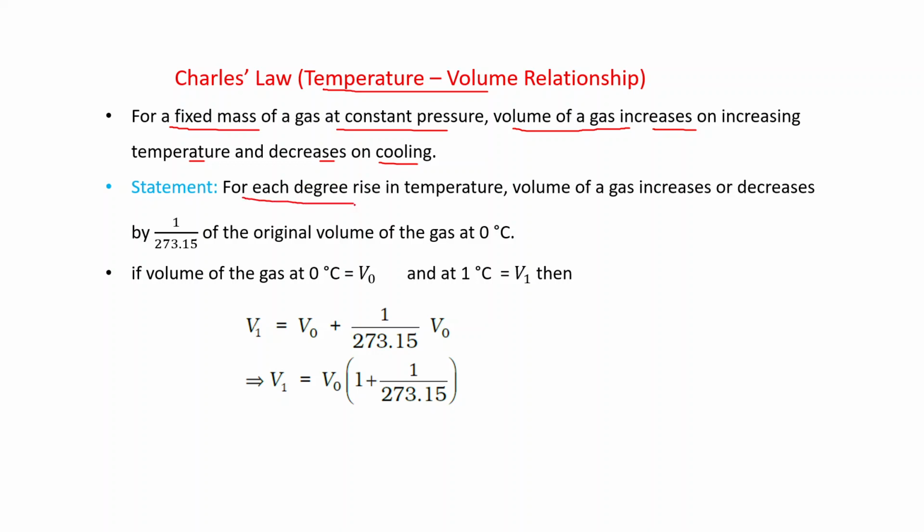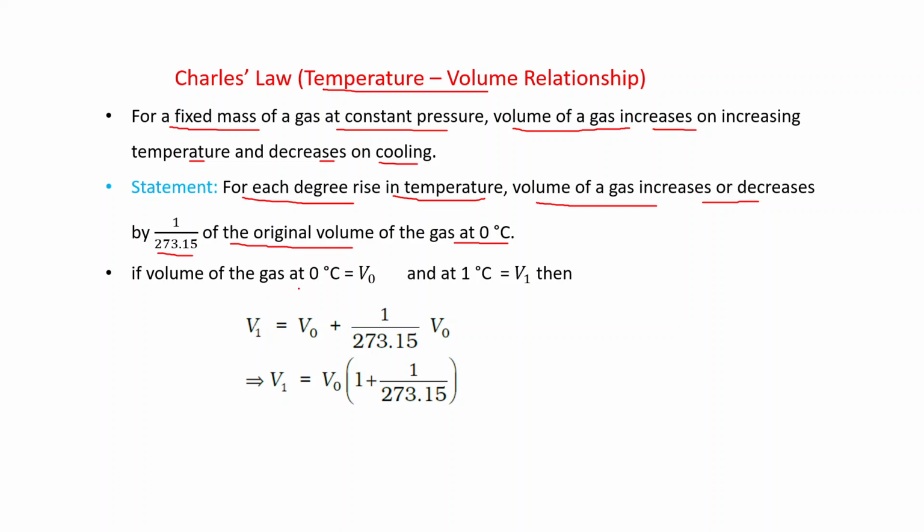For each degree rise in temperature, the volume of a gas increases or decreases by 1/273.15 of the original volume of the gas at 0 degrees Celsius.